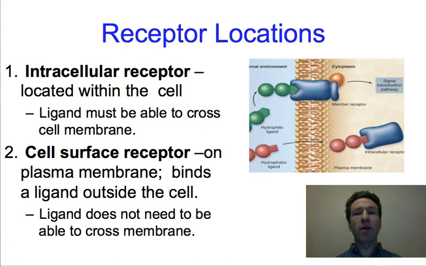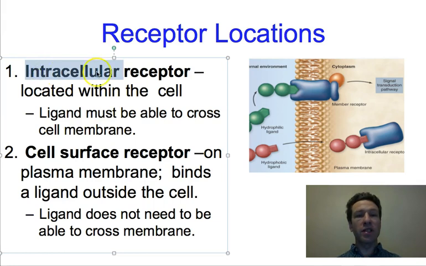We can talk about a couple of different locations, in fact, just two locations where receptors can be on the cell receiving a signal. Some kinds of receptors are going to be inside the cytoplasm, as pictured here. Remember, the prefix for inside is intra, and so these will be called intracellular receptors.